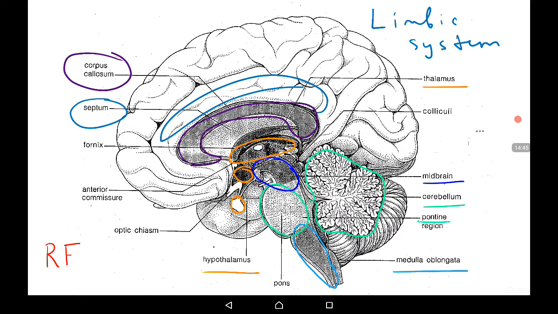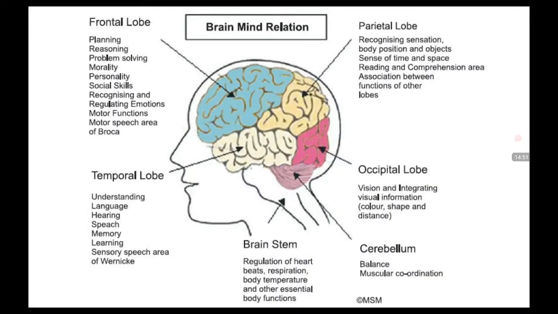The cortex of each hemisphere is divided into 4 lobes. The frontal lobe, as we can see, the frontal lobe, the temporal lobe, parietal lobe, and occipital lobe. The ridges present on the surface of the cortex are called gyri, whereas the grooves are called sulci.